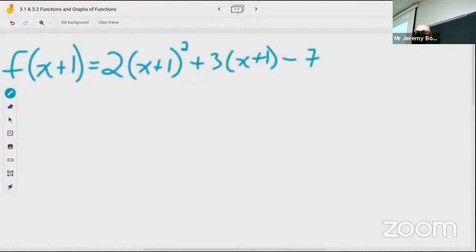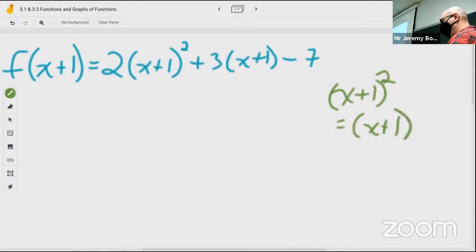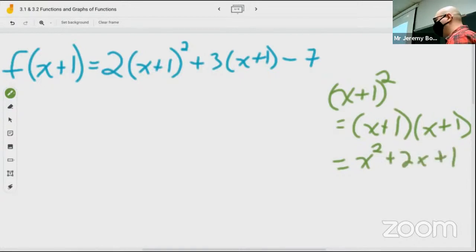Can we evaluate that some? Yeah, we can do some stuff. x plus 1 squared is the same thing as x plus 1 times x plus 1, right? And so that's going to end up being, if you use FOIL, or whatever you use to expand it, x squared plus 2x plus 1, right?